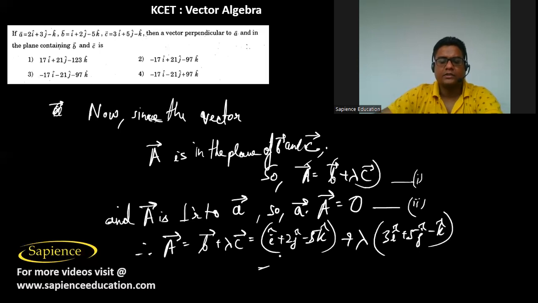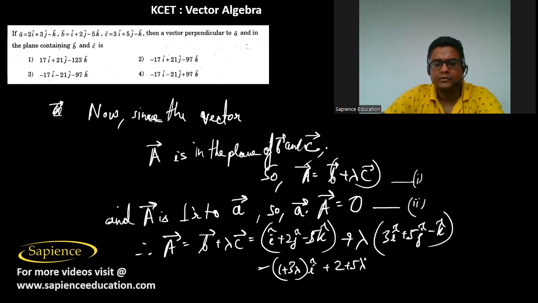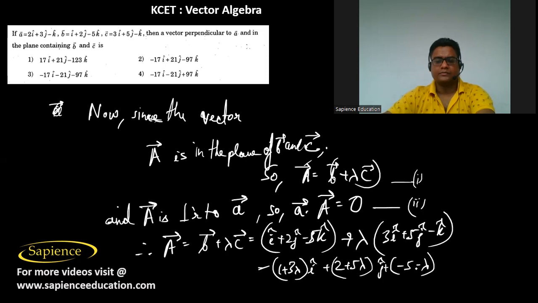So then this can be written as 1 plus 3 lambda I cap, then plus 2 plus 5 lambda j cap, and minus 5 minus lambda k cap.